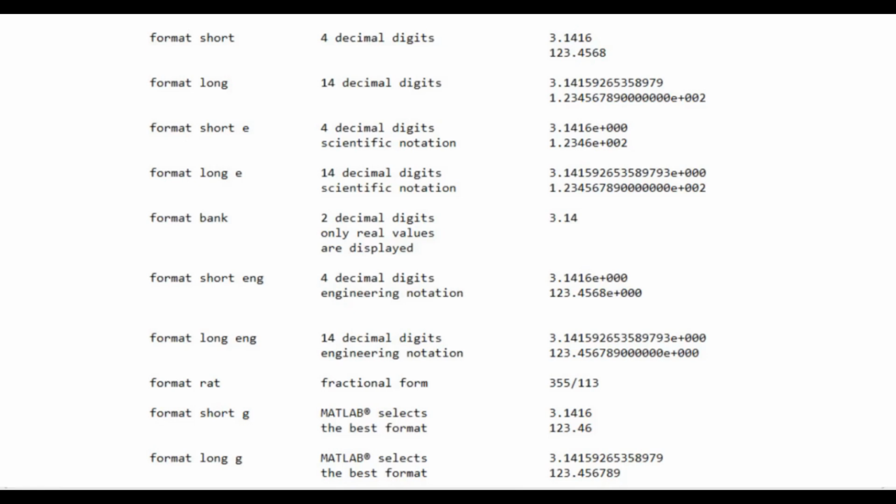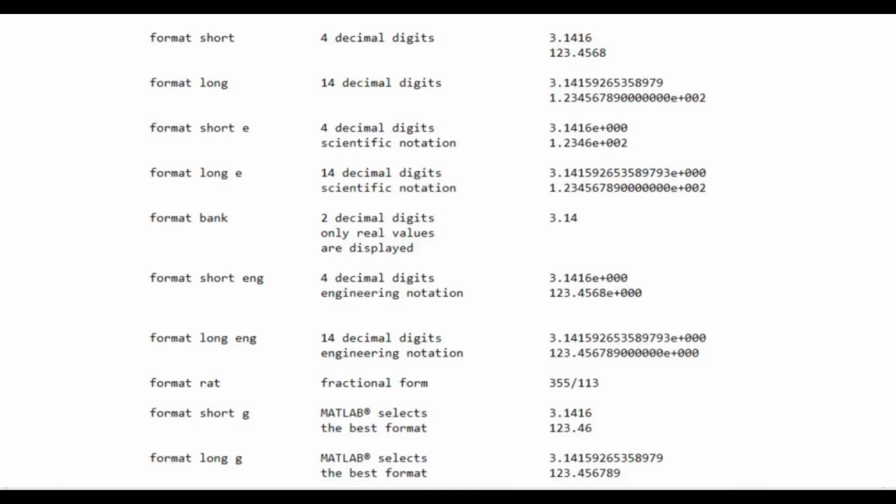So the first one is format short. After using this command, you will get 4 decimal digits after your decimal, like you can see in the example. With format long, you will get 14 decimal digits. In format short e, which is the exponential, you can see in the example the exponential value. Format long e will give 14 digits with the exponential function.